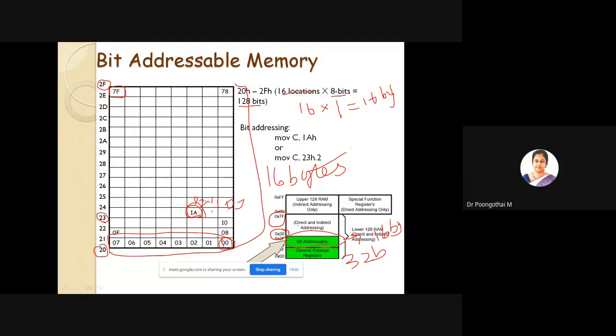Totally 128 bytes: 32 bytes are allocated for general purpose registers, 16 bytes for the bit addressable area, and the remaining 80 bytes for scratch pad memory. This can be used for general purpose applications.